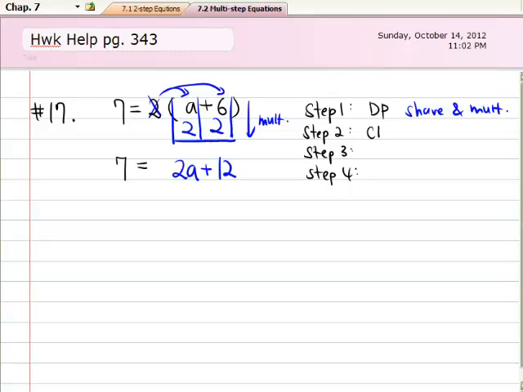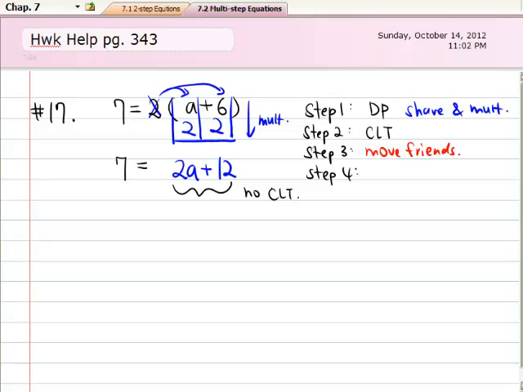Let's follow the next step. Step number 2 is combining like terms, and because we don't have any like terms over here, we're going to skip step number 2, so I wrote that right there for you. Then we're going to follow step number 3, which is to move the friends first.